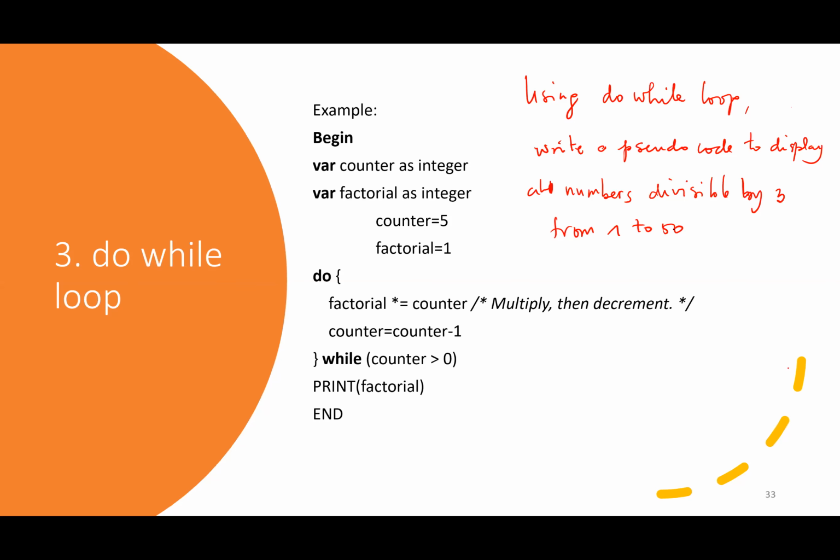We're going to use a do while loop, then write a pseudocode that displays all numbers from 1 to 50 which are divisible by 3. Use 5 minutes and do this, share your answers on WhatsApp.